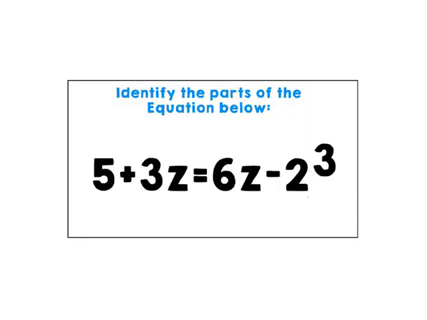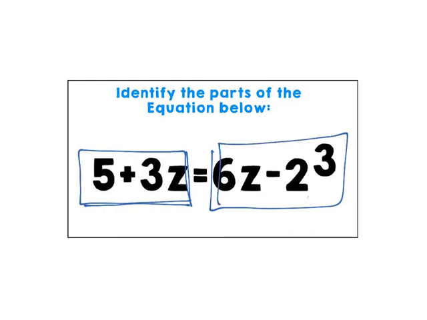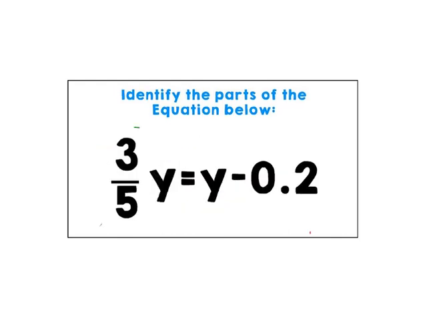You might see it this way, where we have 5 plus 3z equals 6z minus 2 to the power of 3. So here we would have expression number 1, or the left side, compared to expression number 2, which is the right side, and they're set equal to one another.